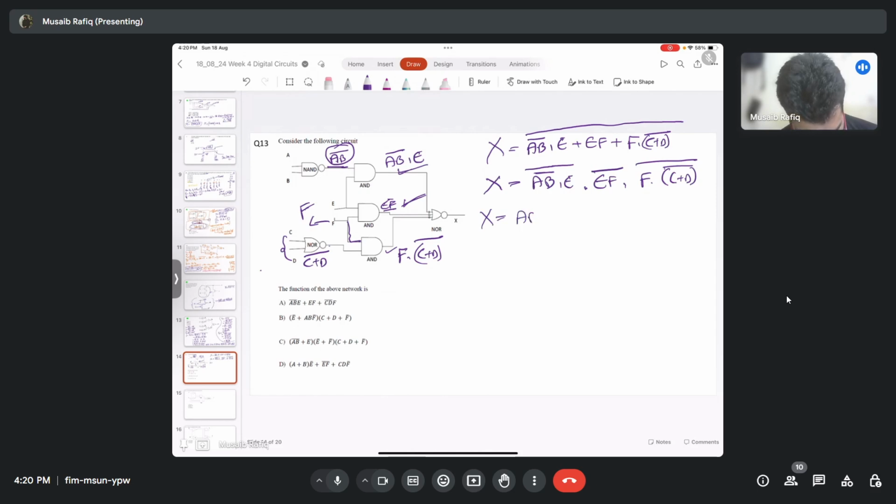So it's (AB) bar bar plus E bar, then it's E bar plus F bar. What I'm doing here is just using De Morgan's law. That's all. It's F bar plus (C plus D) bar bar, right? And my expression then reduces to AB.